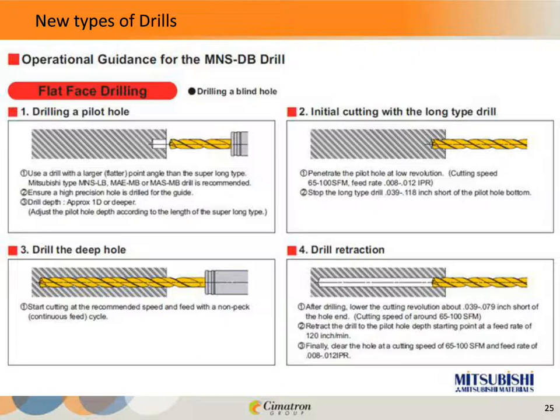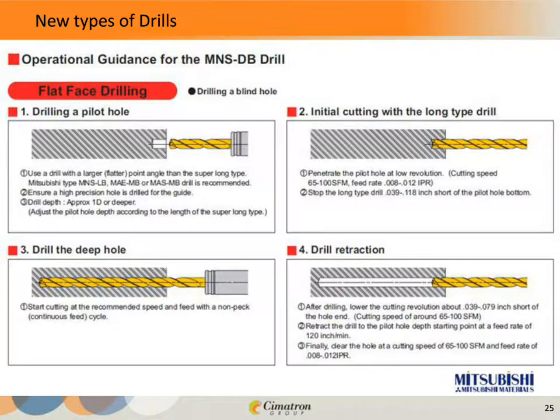But depending on the application, if the drill requires a deep hole, we're probably going to be at least drilling the pilot hole. Maybe a center drill won't be necessary, but we're going to do a pilot hole. And generally speaking, the pilot hole should be about 1 times the diameter.